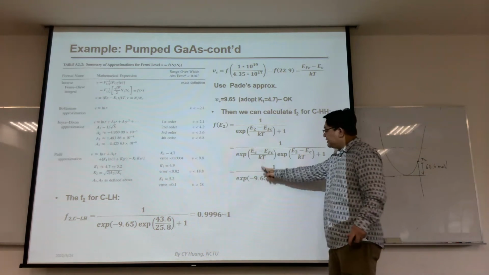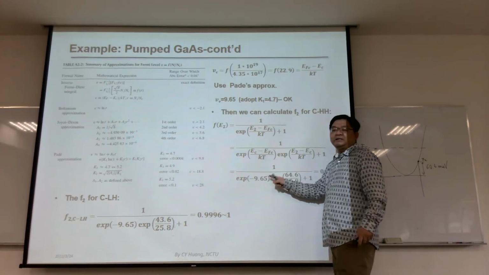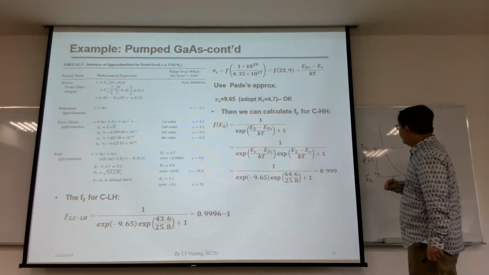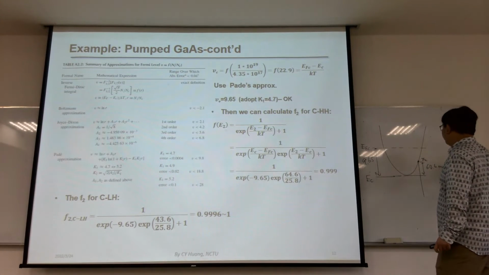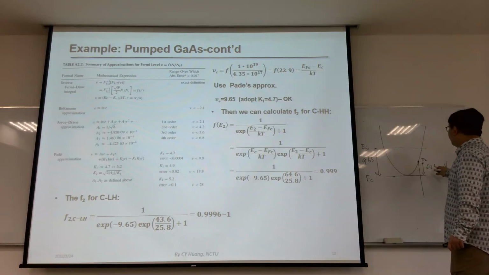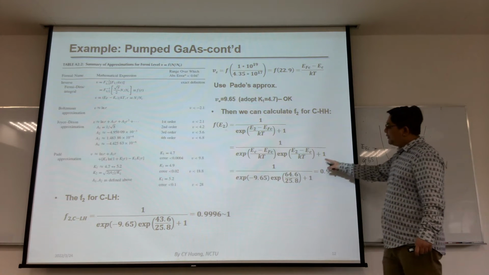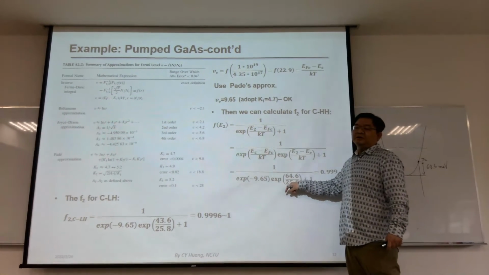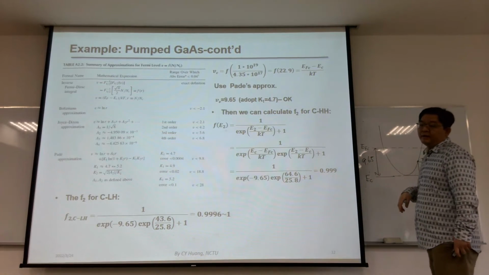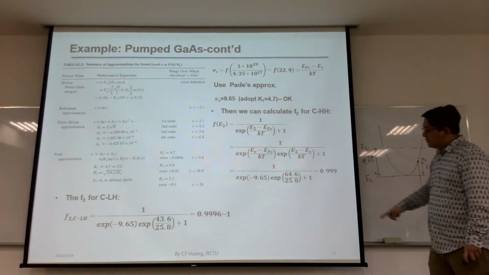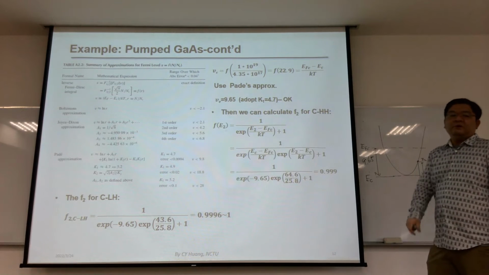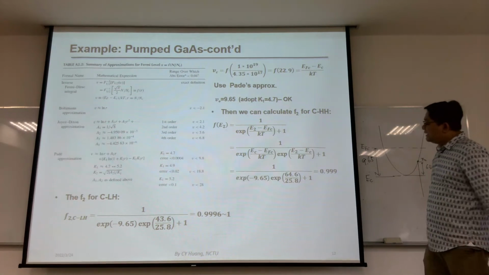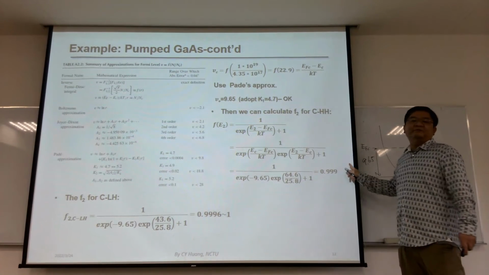So the first term is minus 9.65. And the second term is 64.6 meV, and for 300K it is 25.8 meV, plus 1. Okay, so the answer is almost fully depleted.